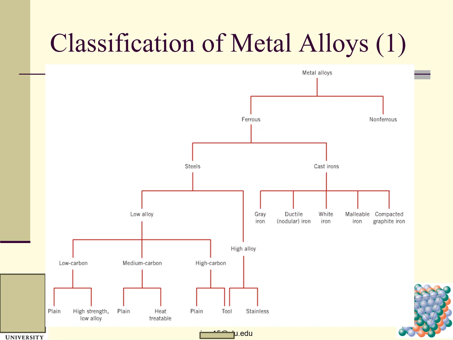Cast iron has several different subcategories. One is gray iron, the second is ductile, also called nodular iron, and the third is white iron. The fourth is malleable iron, and the last is compacted graphite iron. You need to be very careful about this, because these five different cast irons have totally different mechanical properties.